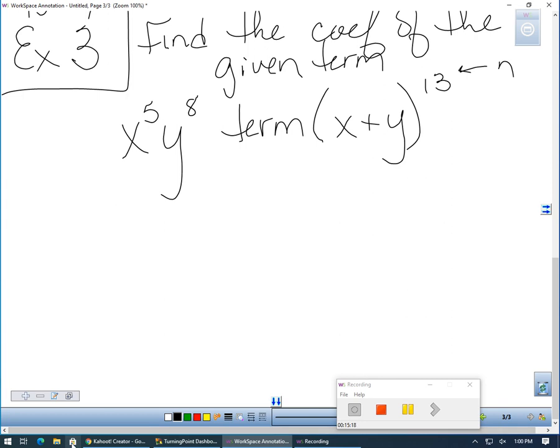Alright, what I want you to do is put it into the calculator: 13 choose 8. What did you get? 1287. Yes, 1287.